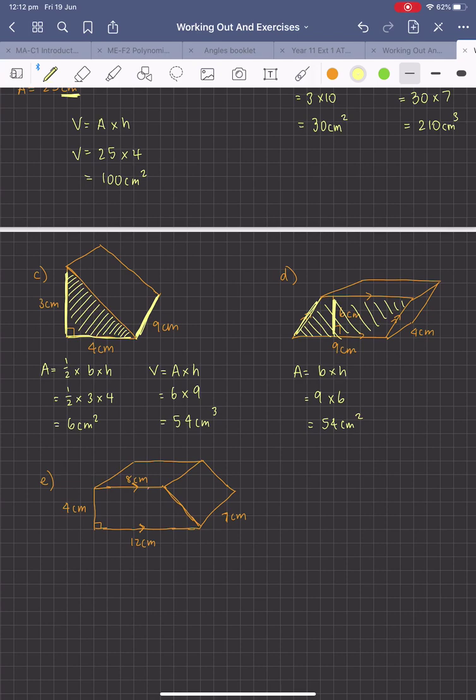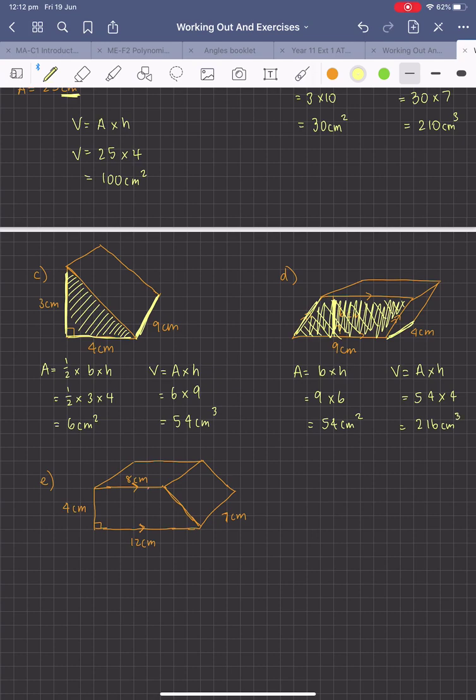Now that gives me the area of the face. I now need to multiply by how many layers I have. I have 4 layers. So the volume will be area times the height, which will be 54 times 4, which will be 216 centimeters cubed. It's really important that you are setting your working out logically, okay?